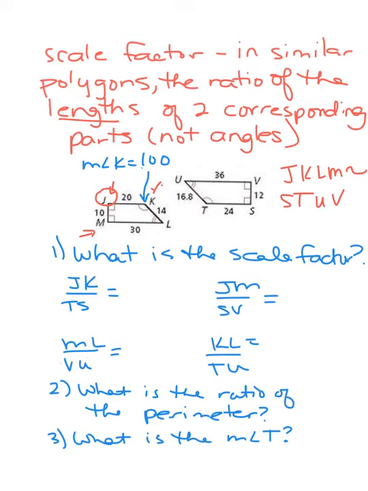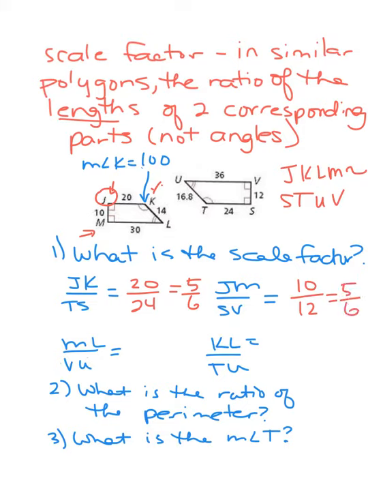So JK has a measurement of 20. TS has a measurement of 24. So when I simplify that, they're both divisible by 4. I get 5 over 6. I'm going to do the same thing with JM. JM has a measurement of 10. SV has a measurement of 12, which also simplifies to 5 over 6.